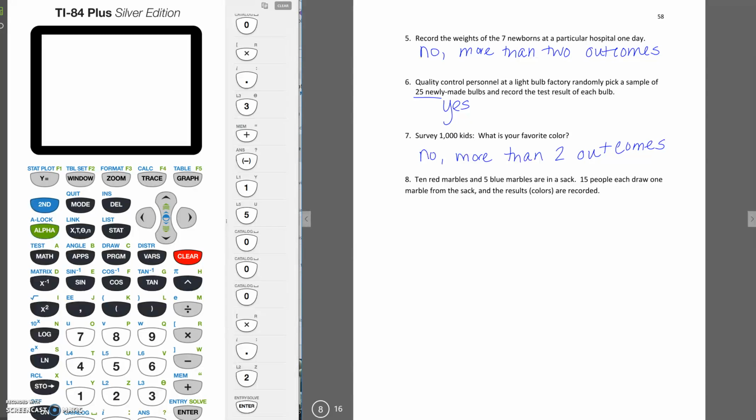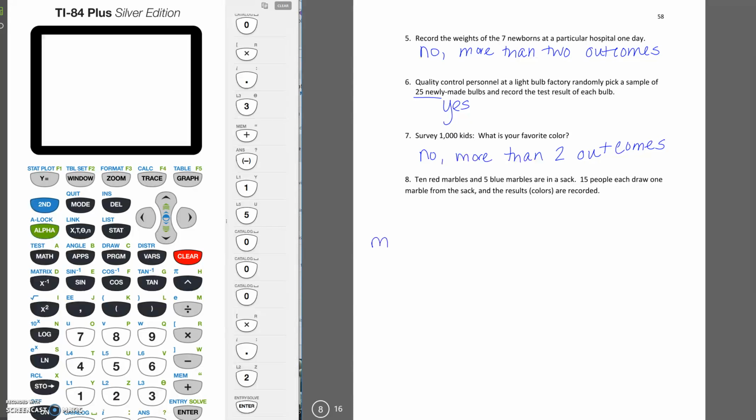And number 8 here says 10 red marbles and 5 blue marbles are in a sack. 15 people each draw 1 marble from the sack, and the results of the colors are recorded. So here we're not quite sure. It depends on whether the marbles are put back in the bag or not.